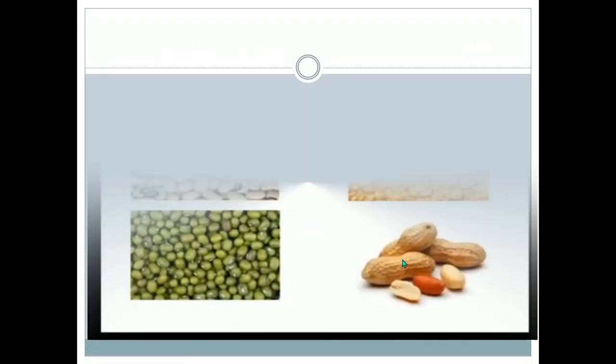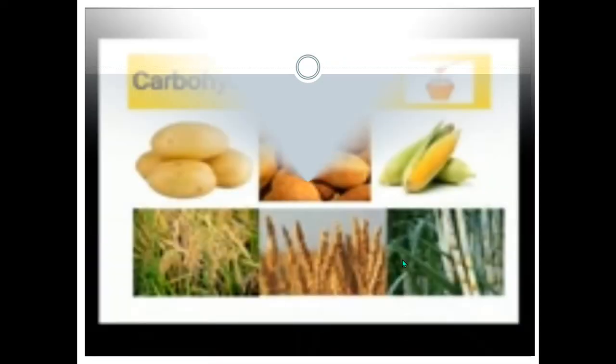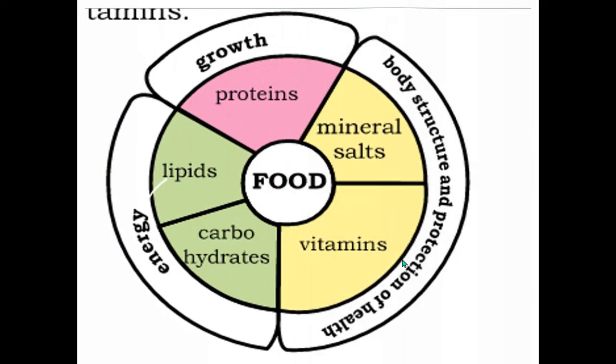Children, we should have protein every day in our food. Why should we have protein? Because protein helps in the growth of our body. Proteins are present in food items such as egg, fish, milk, meat, dal, green gram, groundnut.